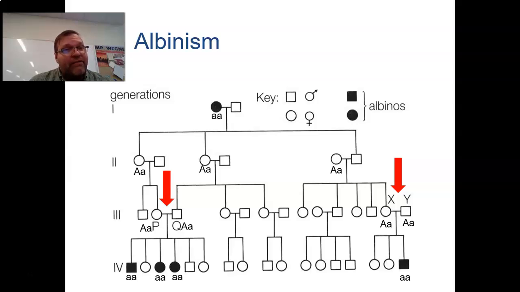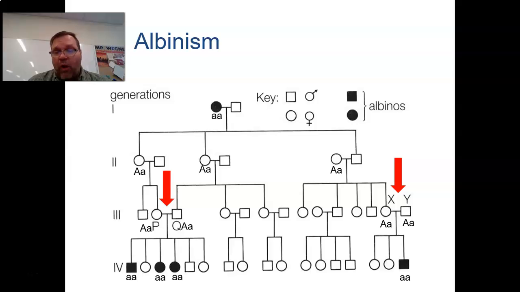But the second letter for those individuals must be lowercase. Why? It has to be lowercase because some of their children got one lowercase from mom, one lowercase from dad. Because some of the children ended up being lower a, lower a, one of those lower a's had to come from mom, so that's her second letter. And the other lowercase had to come from dad, Q, that's dad's second letter also.